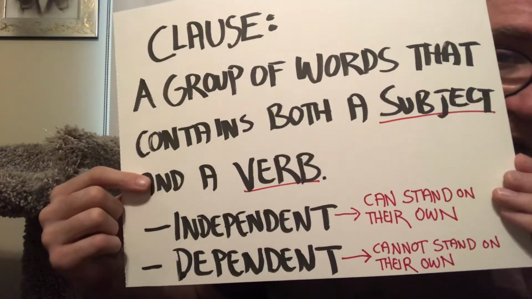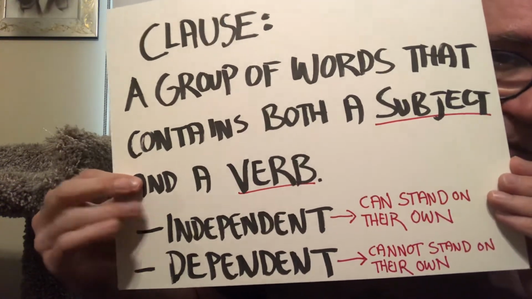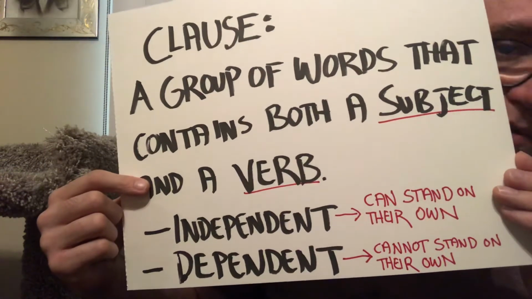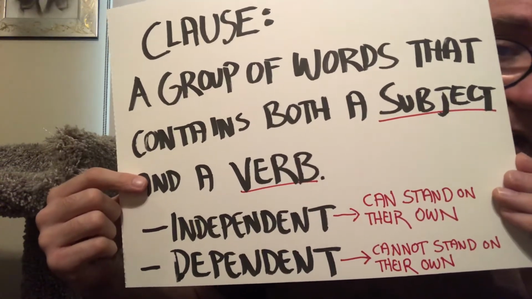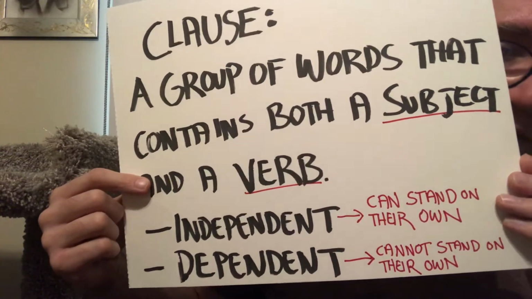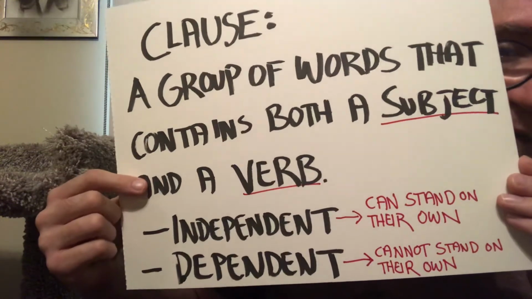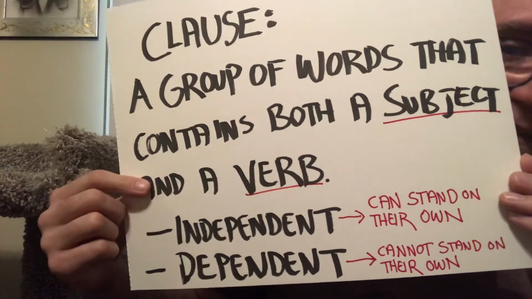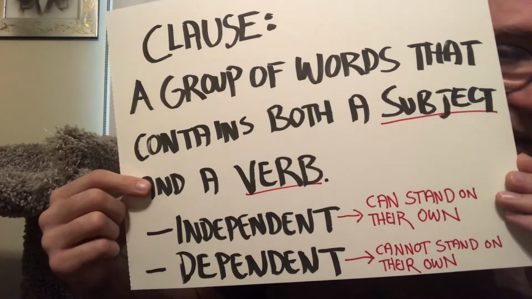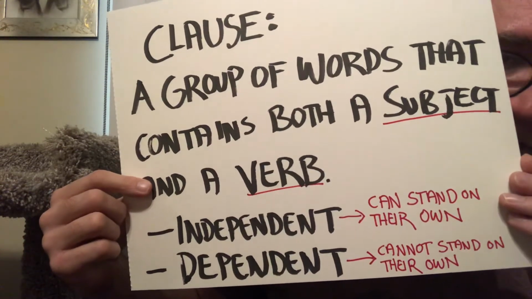A clause can be a sentence by itself if it's an independent clause, or it can be attached to another clause. But an independent clause is a clause that can stand on its own. It is its own idea, its own thought. It makes sense when you think about it all by itself. It doesn't need any additional information to make sense.